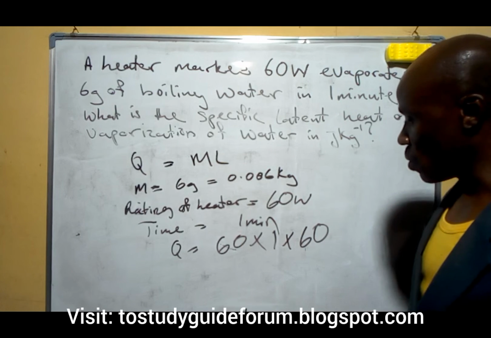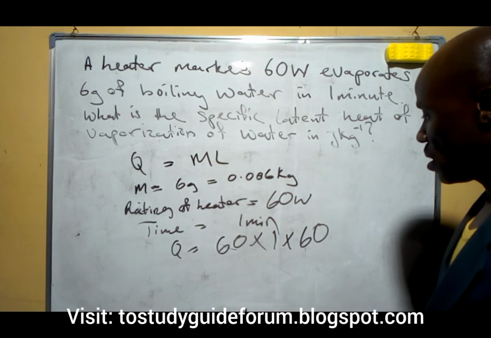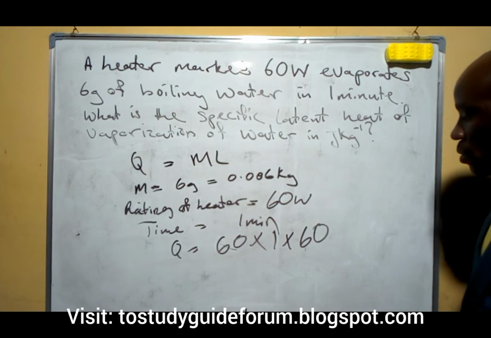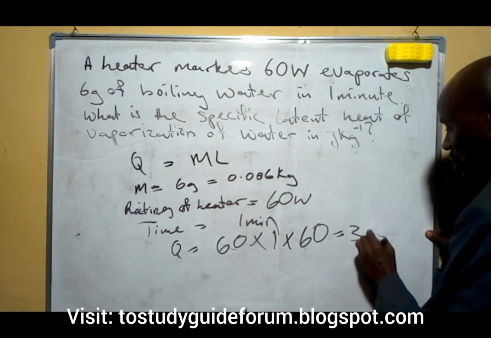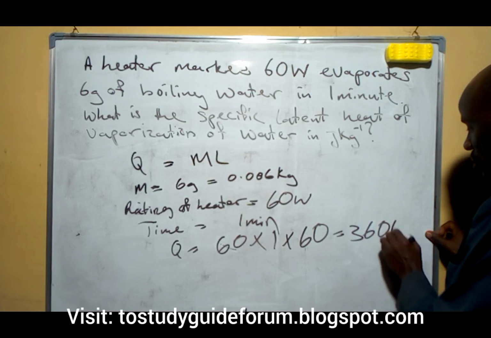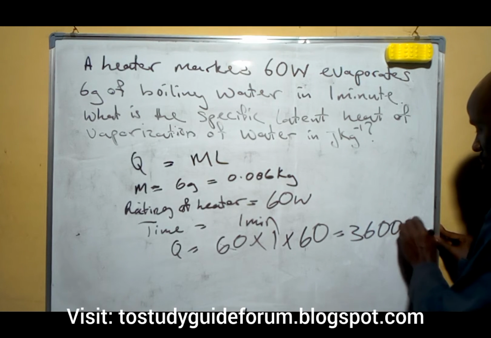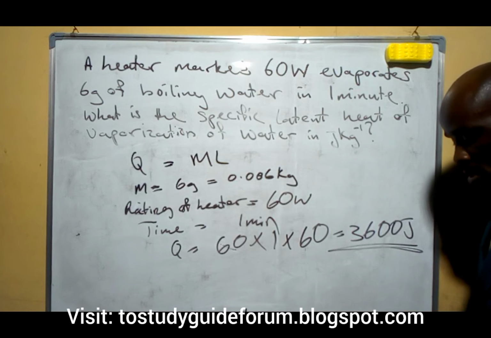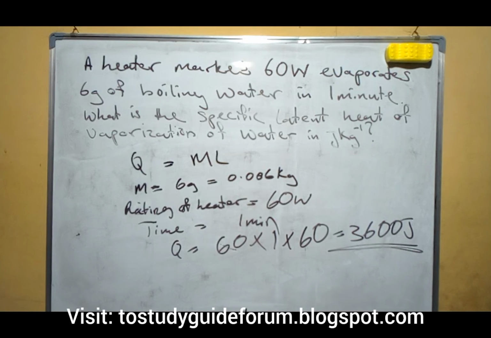Converting the 1 minute to 60 seconds, when we multiply that, we have 3,600 joules. That is what we have.